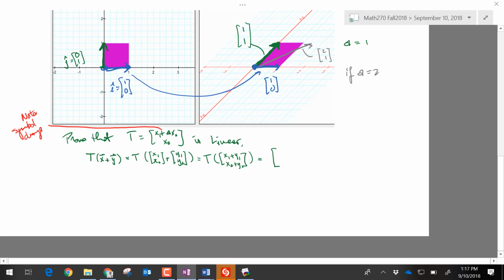In our linear transformation, x1 is actually x1 plus y1, and x2 is actually x2 plus y2. And then our second component is x2 plus y2.